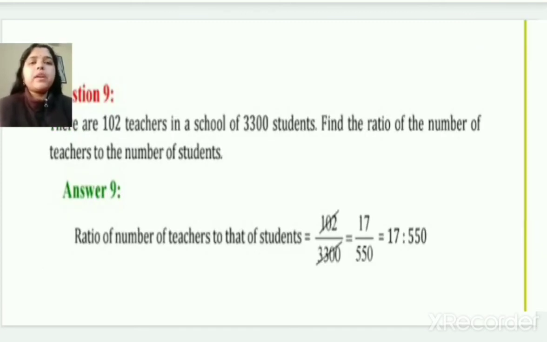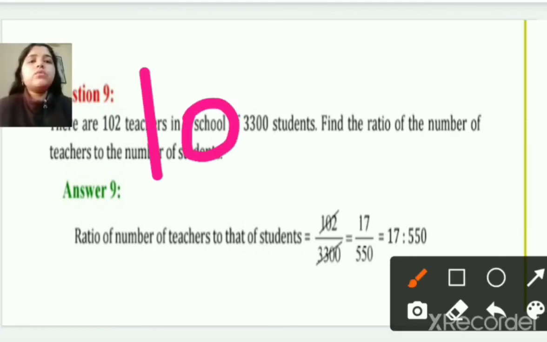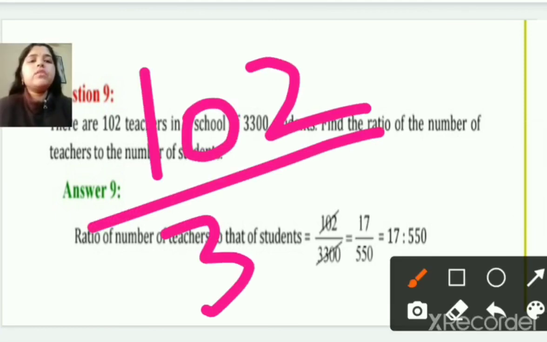Question number 9 we have, there are 102 teachers in a school of 3300 students. Find the ratio of the number of teachers to the number of students. So we have the number of teachers as 102 and the students this much.